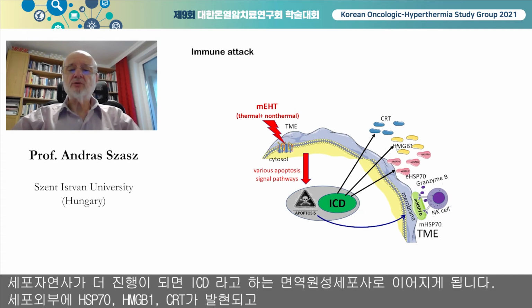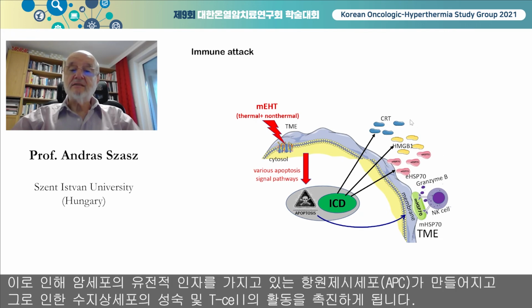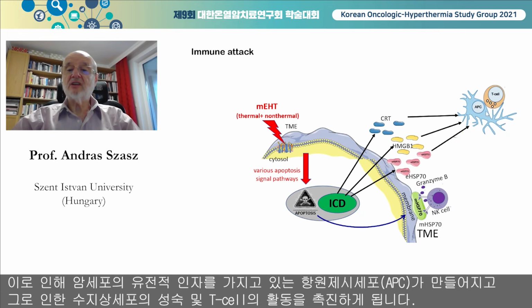But when the apoptosis goes further, we call it the ICD, the immunogenic cell death, which produces extracellular HSP70, HMGB1 and calreticulin also in the extracellular matrix. And these make the antigen-presenting cells mature the DC cells and produce T cells, which own all the genetic properties of the tumor cells.